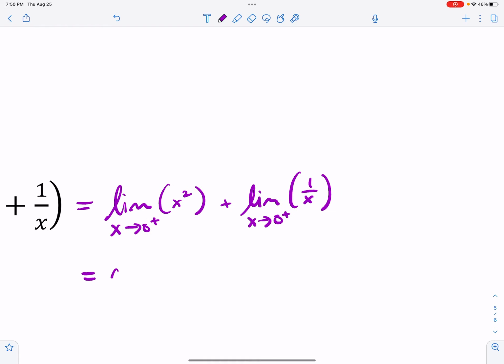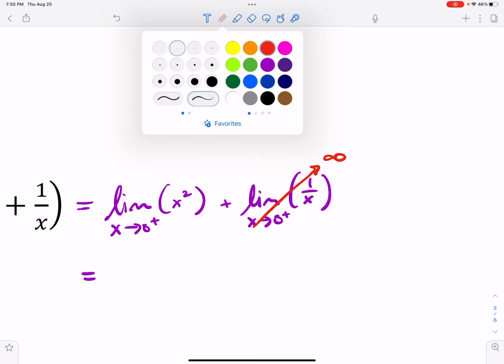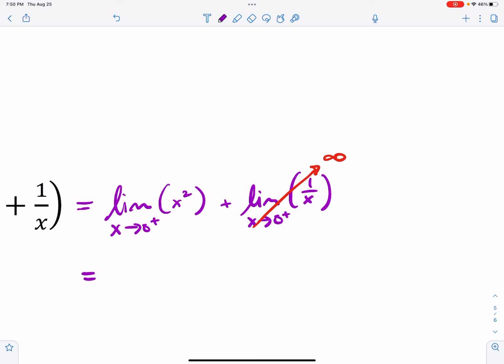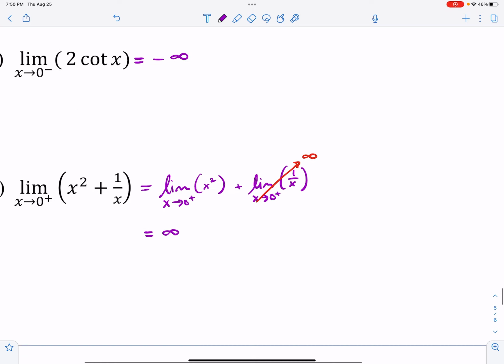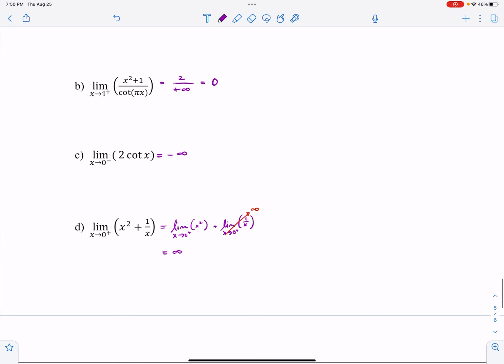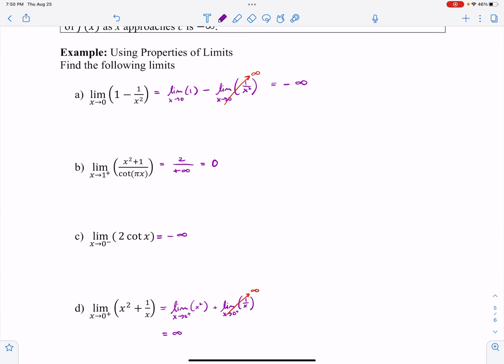So using direct substitution for that first limit, and then 1 over x is a parent function you're very familiar with. So as x approaches 0 from the right, this would be going to infinity. And therefore, we can say that this limit is equal to infinity. And that's it.